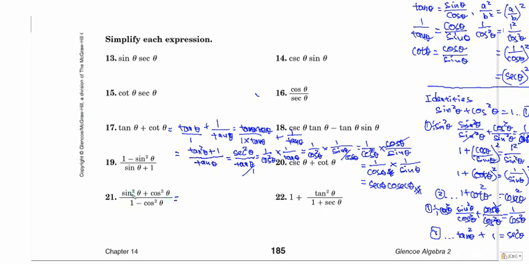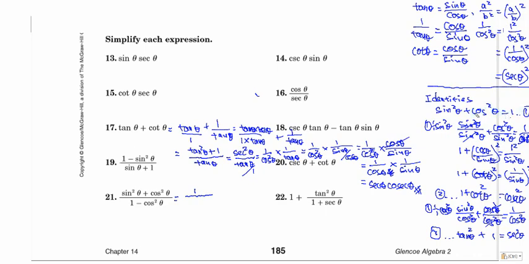Now, sine square theta plus cosine square theta, using the first identity, is actually equal to 1 in the numerator. Then 1 minus cosine square theta. Now, let's take the first identity again. The first identity says that sine square theta plus cosine square theta equals 1. So I'm going to move the cosine square theta to the right hand side.